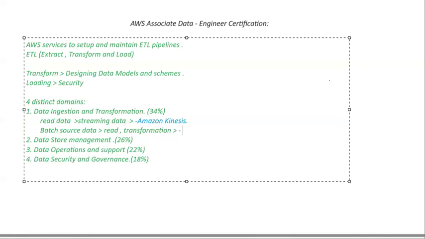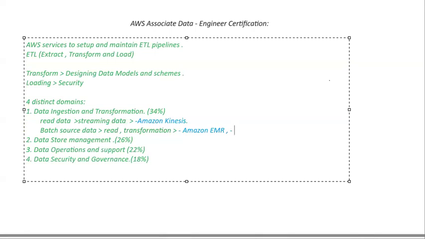There are AWS services like Amazon EMR. EMR stands for Elastic MapReduce. In this, you can process batch data. Is there any other service for reading and transforming batch source data?